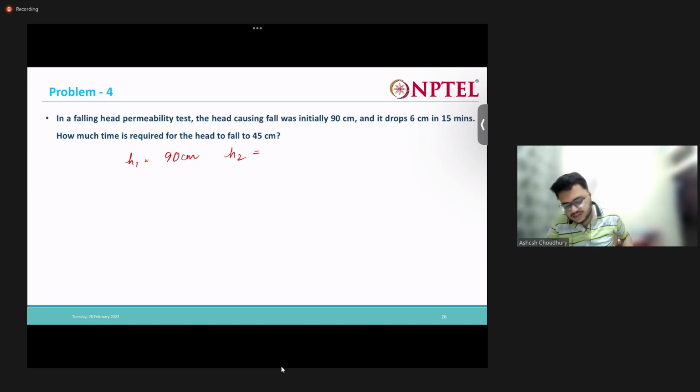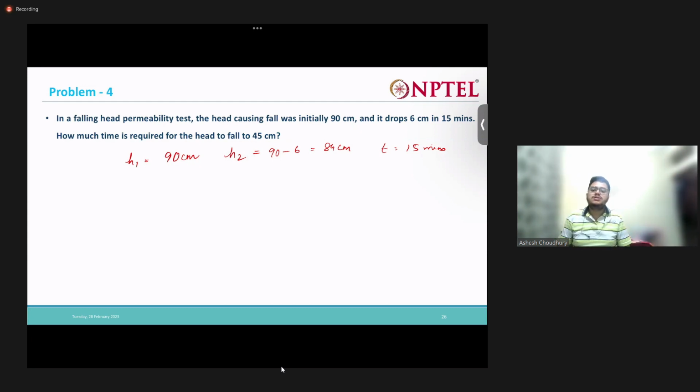When it drops 6 centimeter in 15 minutes, what will be my final head? 90 minus 6, 84 centimeter. So this much is happening in t equal to 15 minutes, right? So this data is available to us.